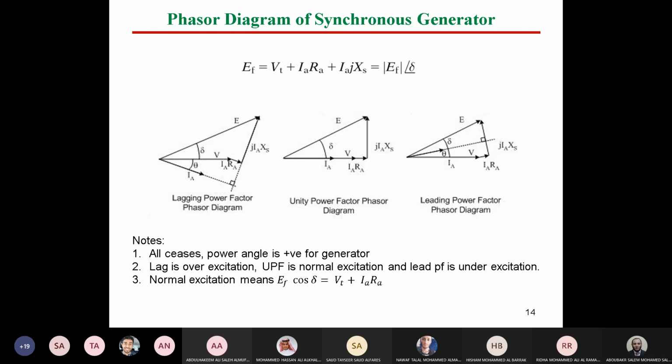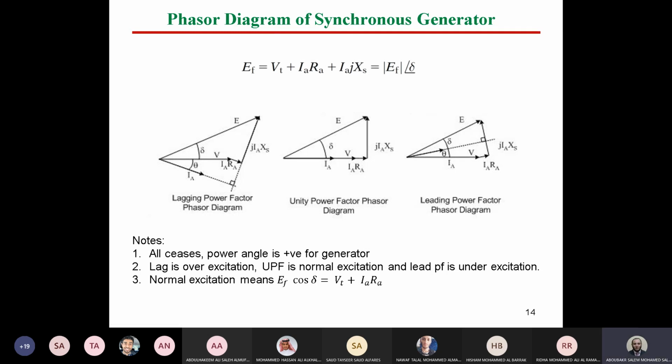Over-excitation is in lagging power factor for a generator. Okay, guys, for a generator, lagging power factor is attained in the case of over-excitation. Fine. Also, we can observe here, guys, that the power angle delta is positive in the three cases.